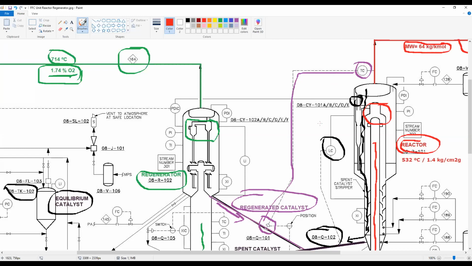Okay, another question about the cyclone. You see the cyclone number 101. We have A, B, C, D, E. That means we have 5 packets? Yes, we have these 6 cyclones here and these 5 cyclones around the reactor. Is this a spare cyclone, or do they all work in parallel or in series?